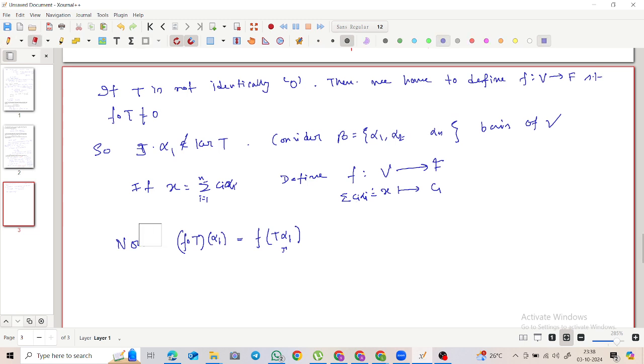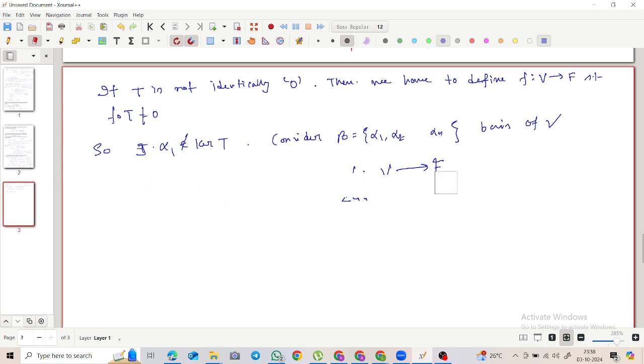Okay. Wait a minute. Look at this adjustment. This is actually beautiful. Okay. T alpha 1 is not 0, right?